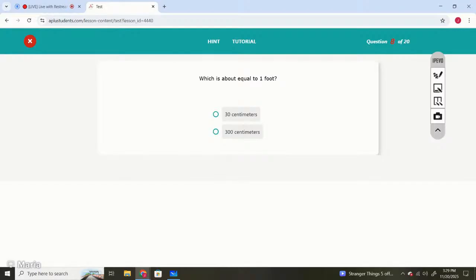Which is about equal to 1 foot? That is 1 foot equals 30 centimeters. Option number 1 is the correct option.